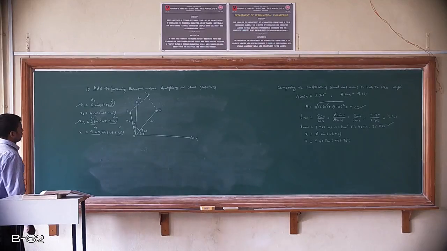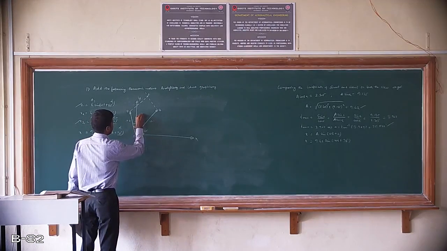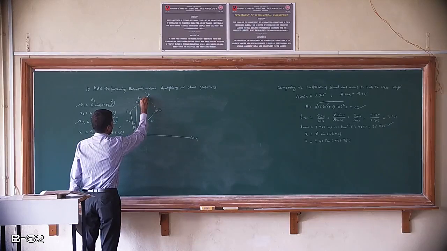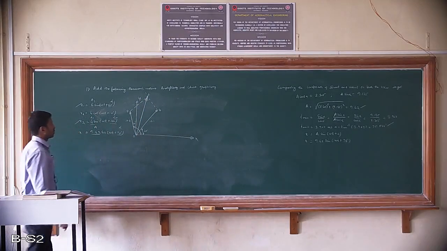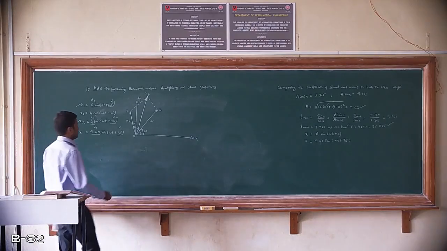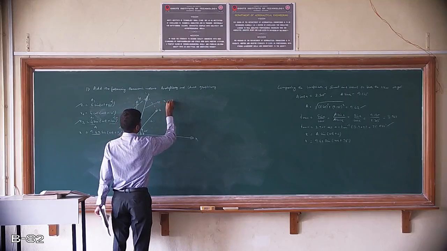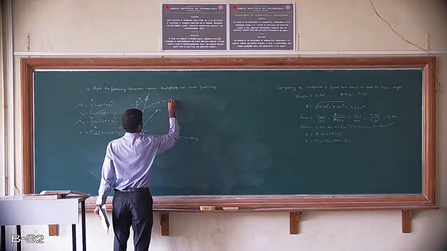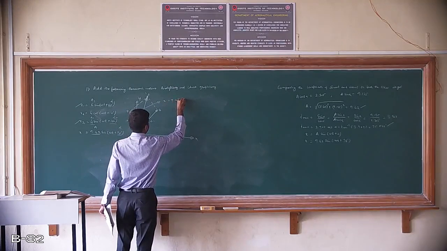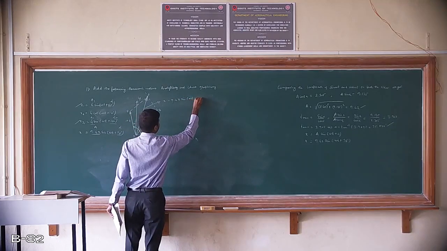Now from point C, join the line to O, and this is going to give us the resultant x value, that is x equal to 9.42 into sine of omega t plus 76 degrees.